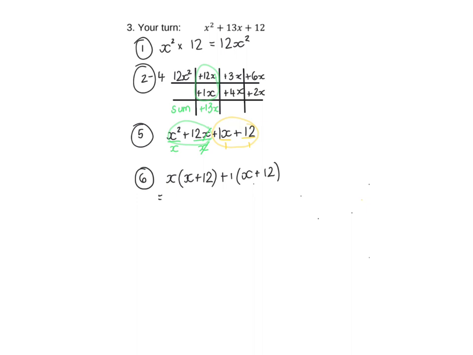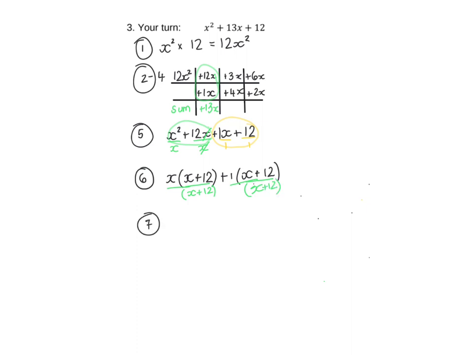And now my common bracket, and I'm doing it again, it's just so I can show you step by step here. But my common bracket is the x plus 12 thing. Okay, so we're going to divide each term by x plus 12. And then write the remainders in a bracket in the next step.